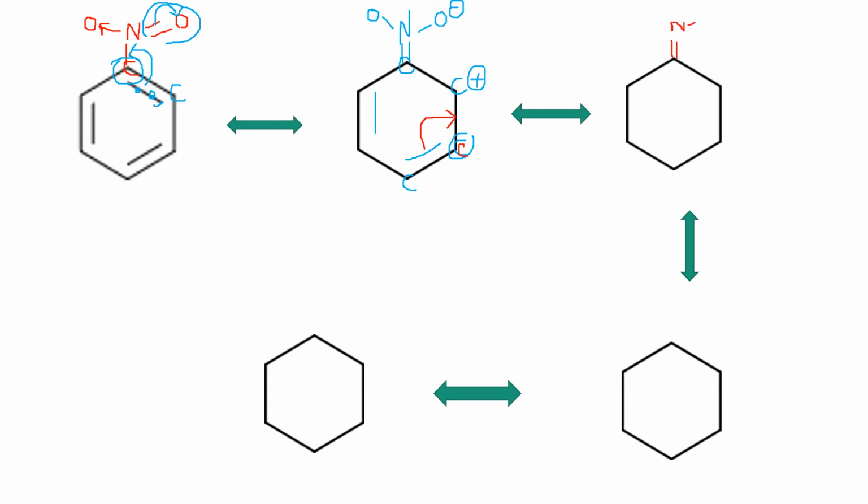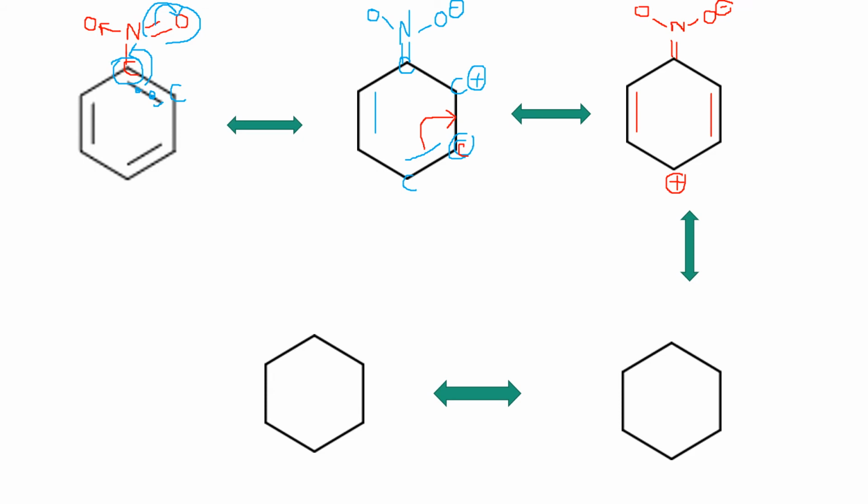Nitrogen, single bond, oxygen with a negative charge, and you have a single bond here as it is. This is not yet touched. This has shifted the electrons, so I get a double bond here, but this carbon has lost its electron in the process, so this is getting a positive charge.